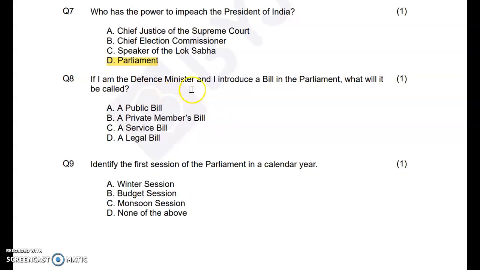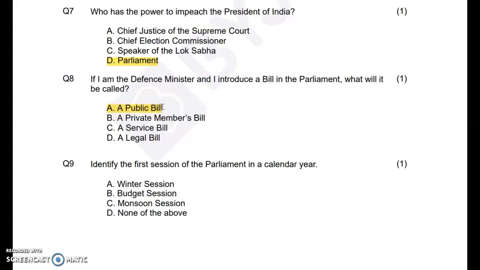If I am the Defence Minister and I want to introduce a bill in the Parliament, what will it be called? Options are public bill, private members bill, service bill, or a legal bill. Answer is A. A public bill.